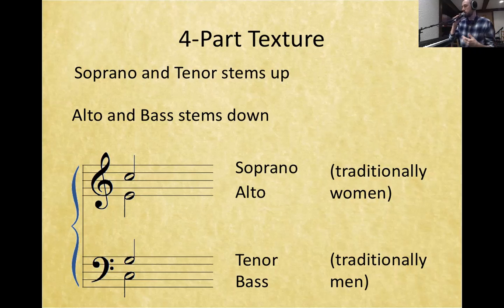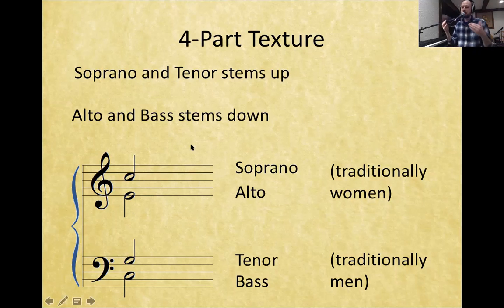If you had a really persnickety music fundamentals teacher of some kind at some point who is really intense about the stem direction, they would look at this and say, well, but this note's above the middle line, so the stem should go down. That's true for single line writing, but we're writing in a four-part texture, and we've got two voices, soprano and alto in this case, happening on the same staff.